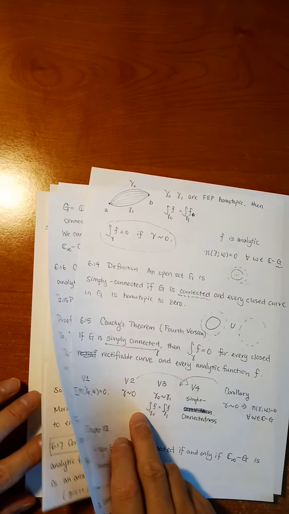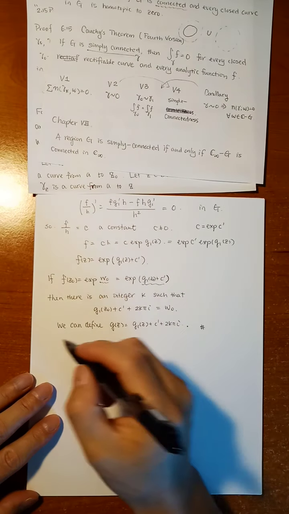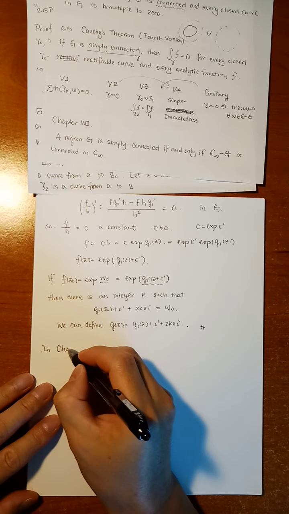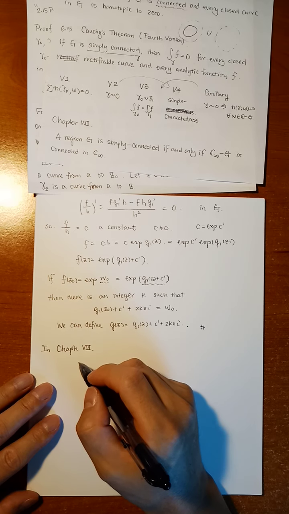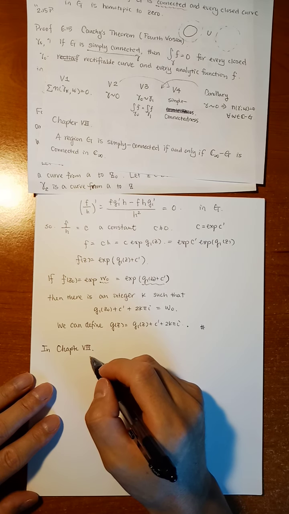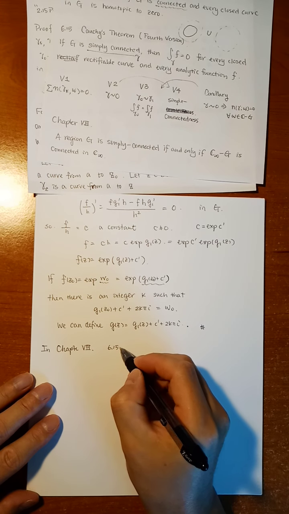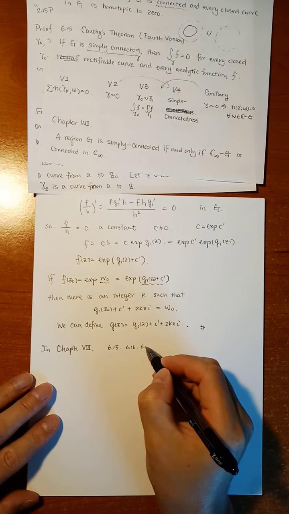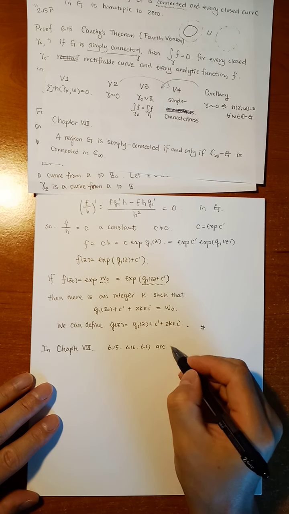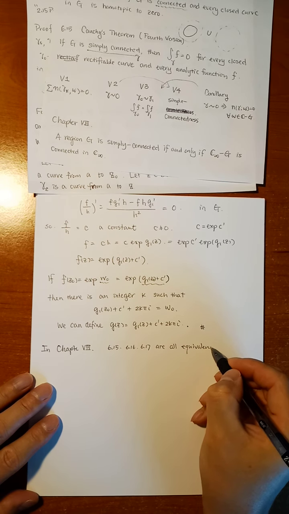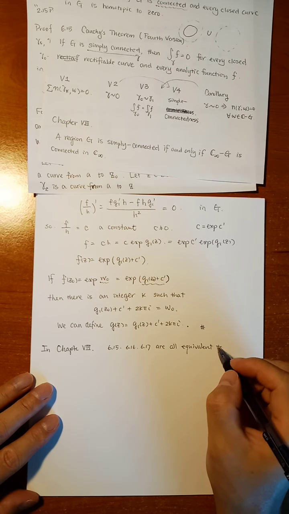In the textbook, the author also mentions in chapter 8, which is about simple connectedness in the complex plane, that 6.15, 6.16, and 6.17 are all equivalent to simple connectedness.